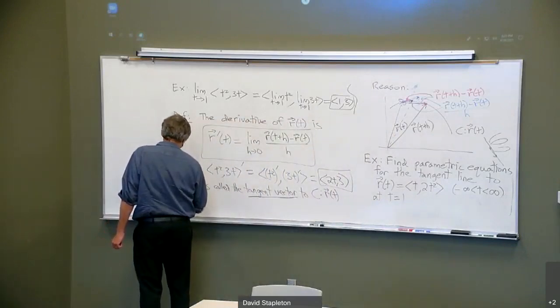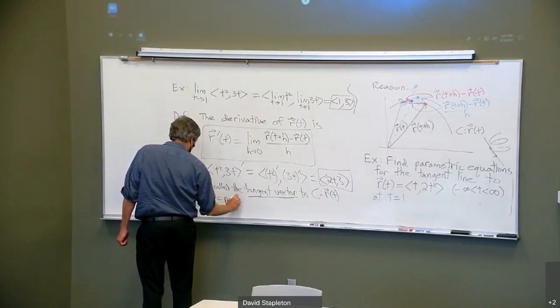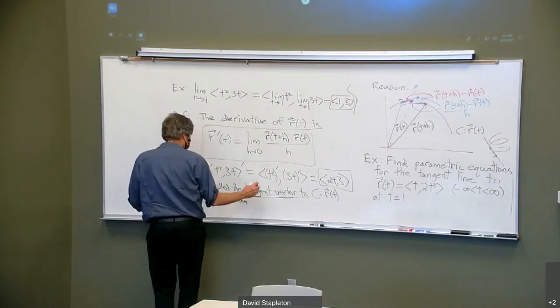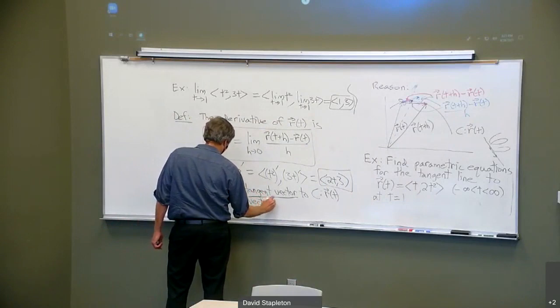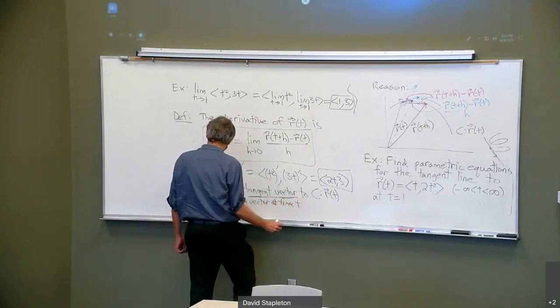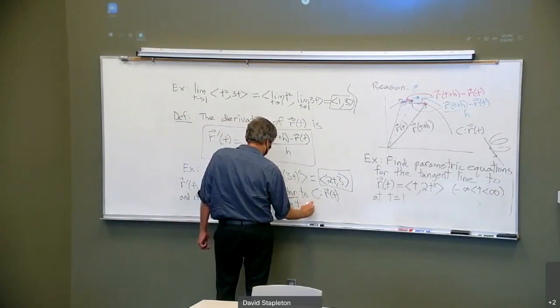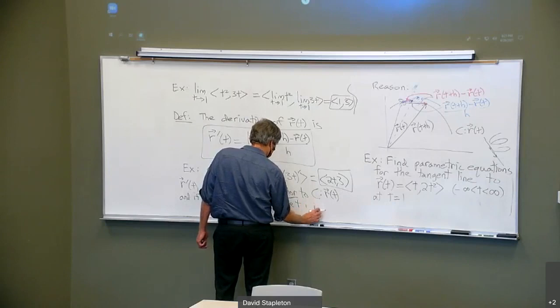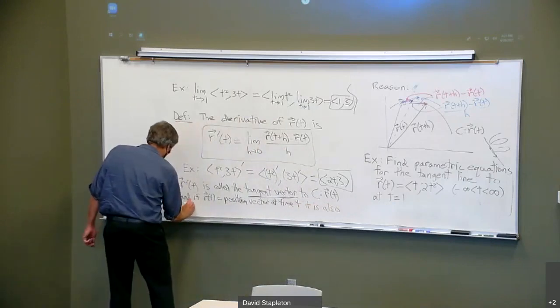If r of t equals the position vector of the center of mass or something at time t, it is also called the velocity vector.